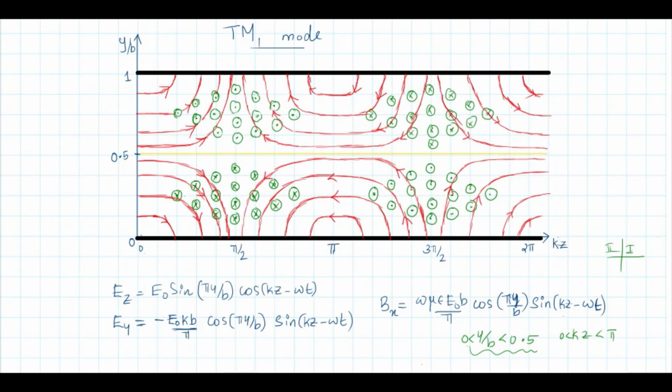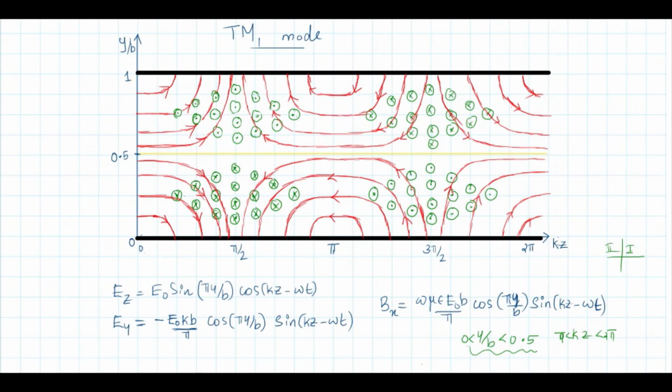So it increases from 0 to pi by 2 to a maximum, then again reduces to 0. That is the variation like this. Now, when kz is between pi and 2 pi, this sine becomes negative.